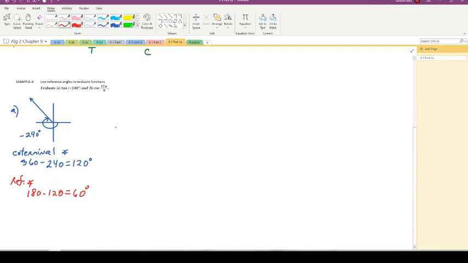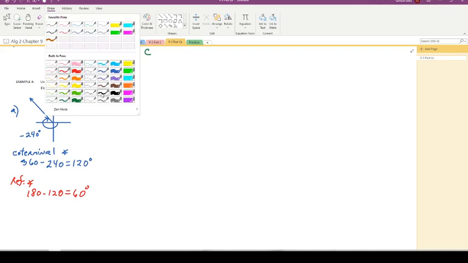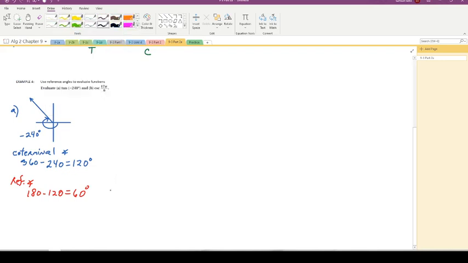Well, do you remember the 30-60 right triangle? So let's change colors again. Let's use black this time because I want you to keep that in mind. And let's draw a right triangle.